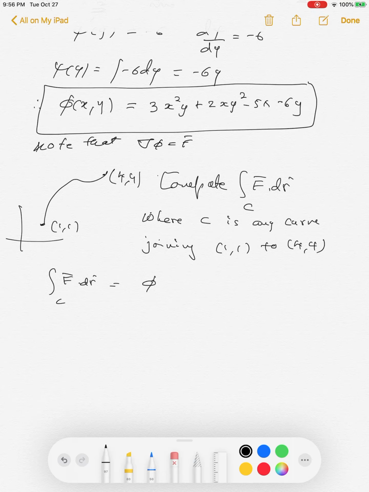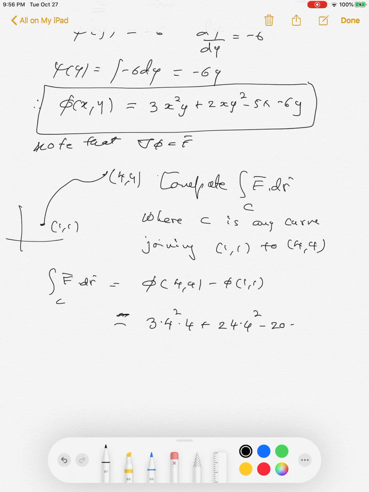So then what will be the answer? We have seen already as a corollary that the line integral of a conservative vector field, if the potential is phi, is phi at (4, 4) minus phi at (1, 1). So we don't have to actually parameterize the curve and compute the integral. Once you know the potential, this is easy to compute.